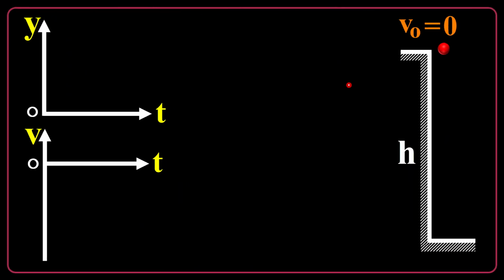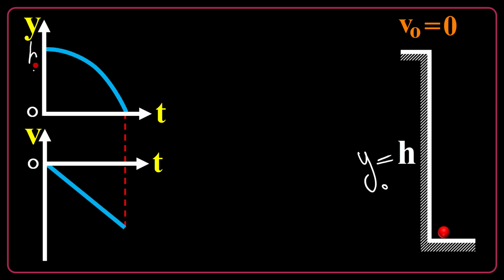The next case is when you release the object. There is no initial velocity but initial height. So y starts from h. It's very important here, but no initial velocity. So here the graph has a maximum point and the tangent line is horizontal. So the initial velocity will be 0.